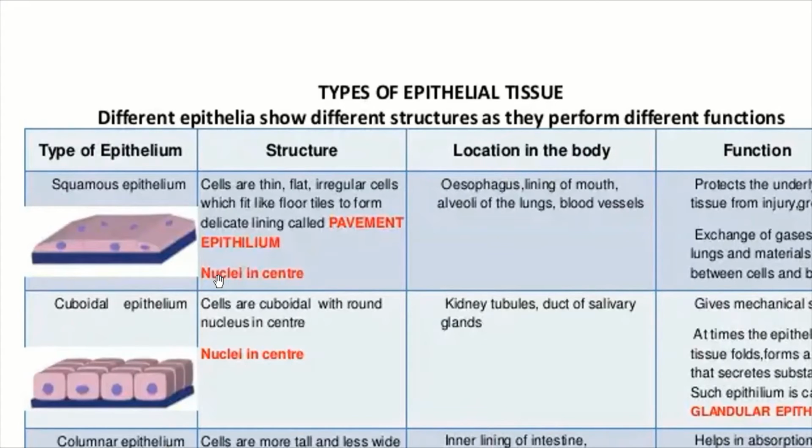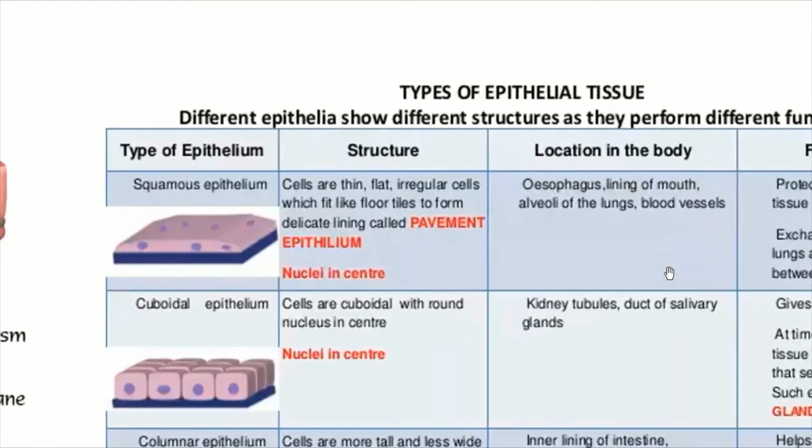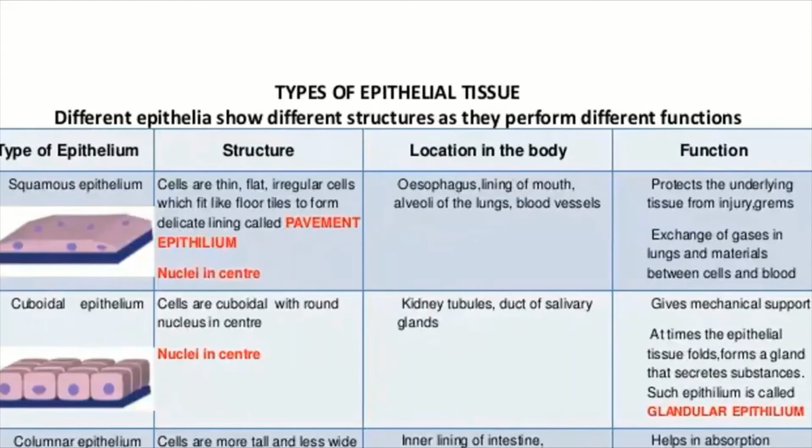Now, the nucleus in squamous epithelial is in center. लोकेशन इन द बॉडी, स्क्वेमस एपिथेलियल आपको मिलेंगे इसोफेगस में, लाइनिंग ऑफ माउथ में, एल्वुलाई ऑफ लंग्स में एंड ब्लड वेसल्स में. एंड देयर फंक्शन इज टू प्रोटेक्ट द अंडरलाइंग टिश्यू फ्रॉम इंजरी, exchange of gases in lungs and materials between cells and your blood.